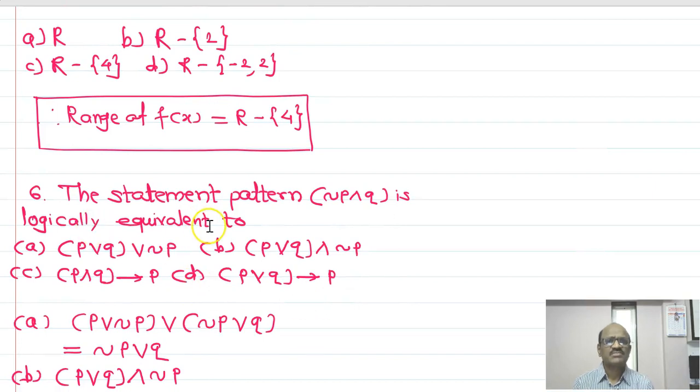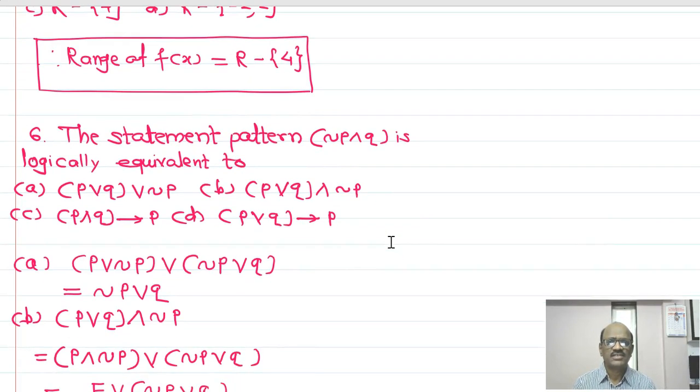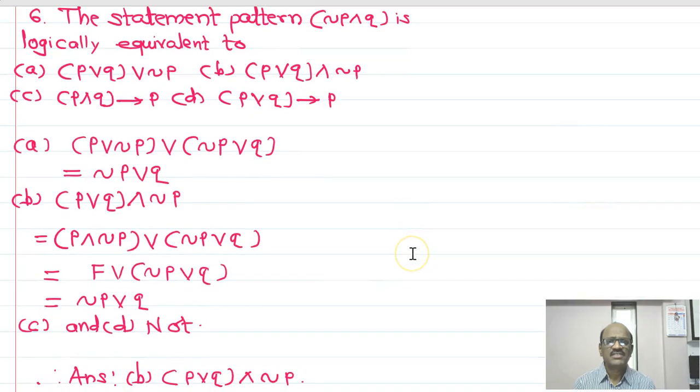Next is the statement pattern: the negation of p and q is logically equivalent to which of these? Now we see this. First, solve this, that is p and, now simplify the first part, that is bracket p or q complete, or negation of p. In this simplification, the or is distributed over the and.